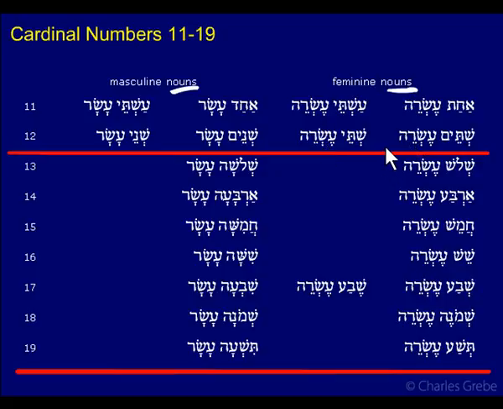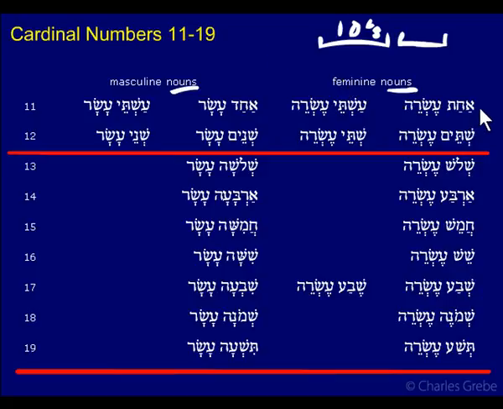Okay? So we have the unit, and then we have what you could call the tens place. And the tens is different depending on whether it modifies feminine or masculine. And they're related to the word ten, eser. In terms of the units, we use the ones that are appropriate for the noun we're trying to modify.